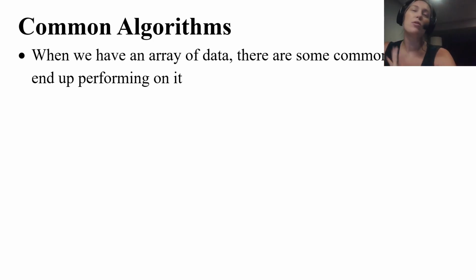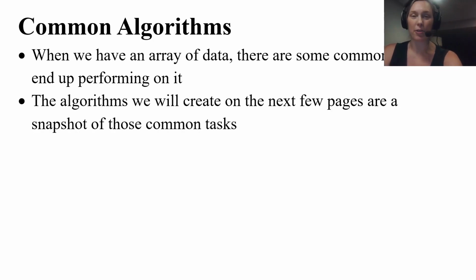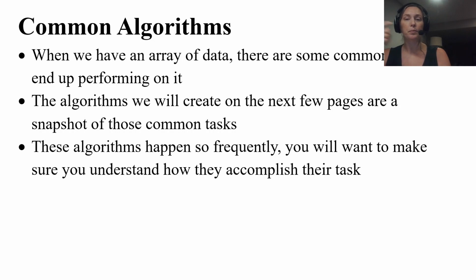So what do we mean by common algorithms here? Well, when we have an array of data, there are some common tasks we end up performing with it. They are so common, and we use them so often, that we call them common algorithms. The algorithms that we're going to go through step by step are a snapshot of what those tasks end up being.